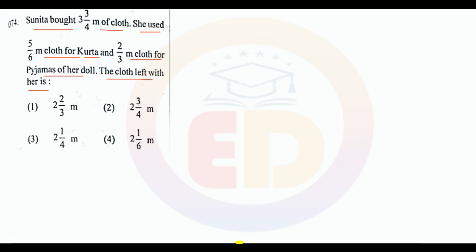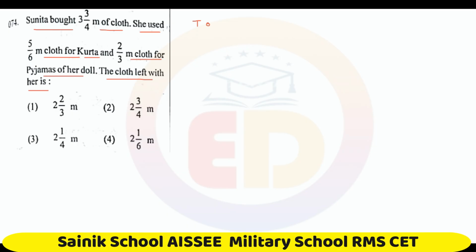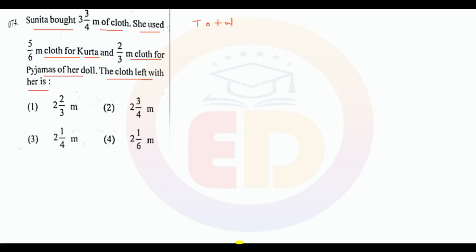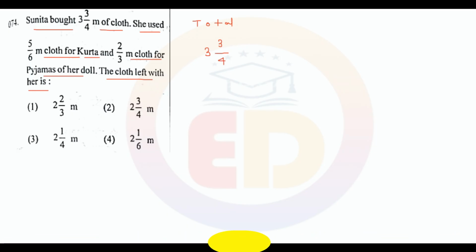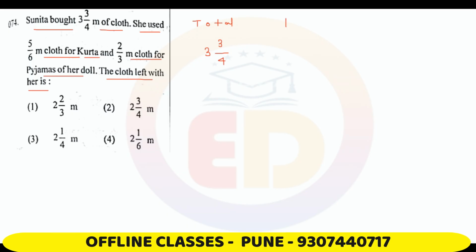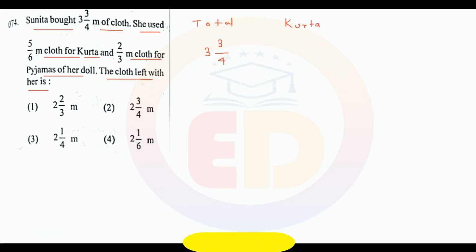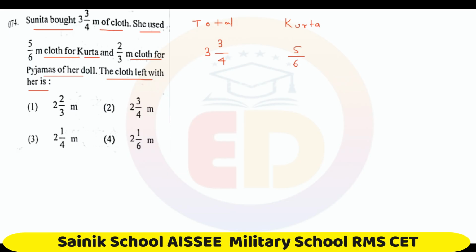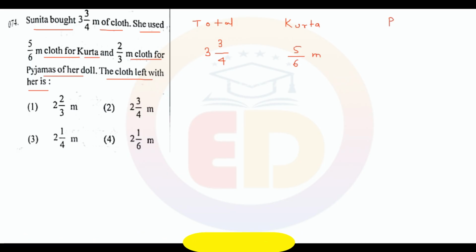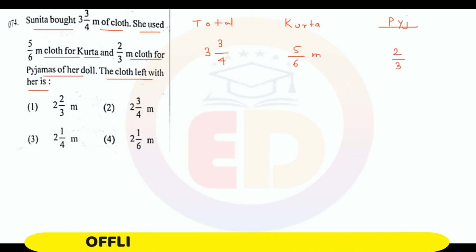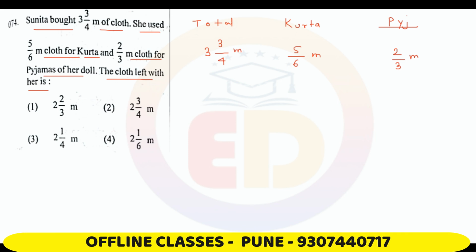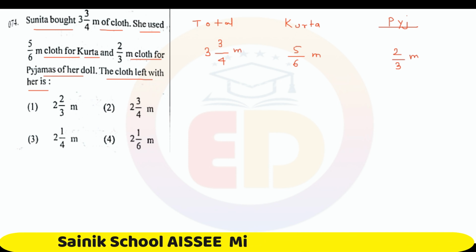So the total cloth she bought was 3 whole 3 by 4 meter, subtract 5 by 6 kurta and pajama. So total minus kurta plus pajama.